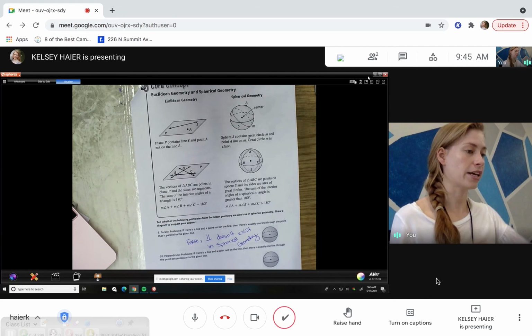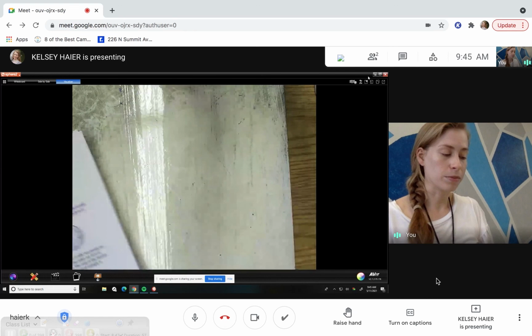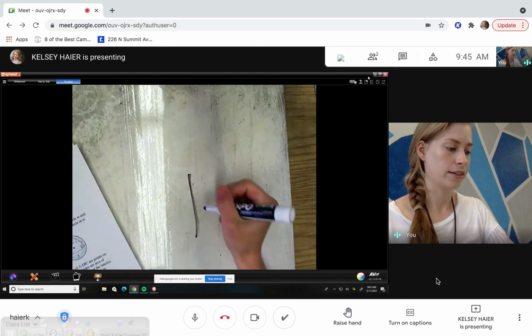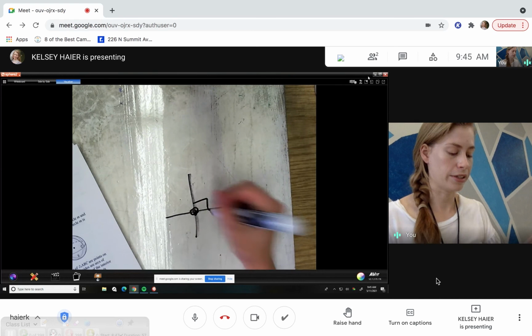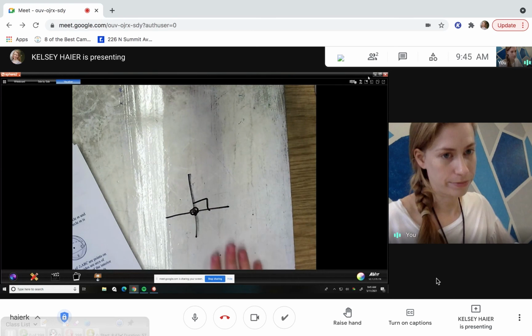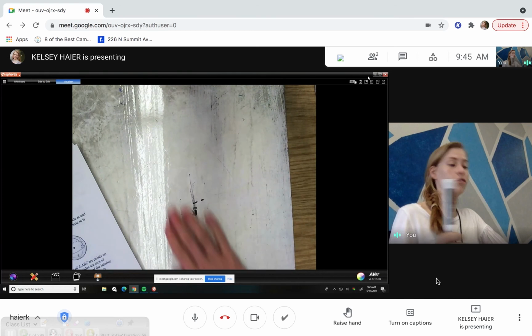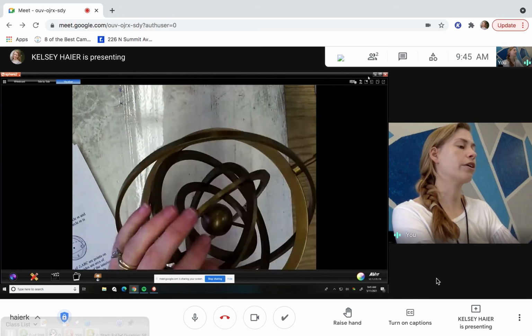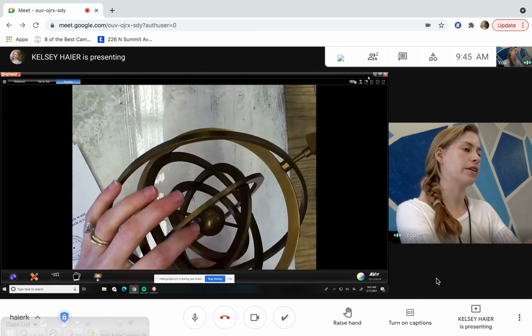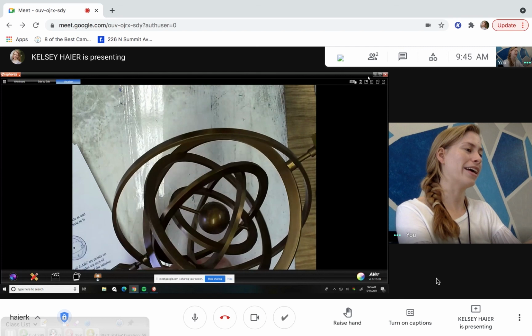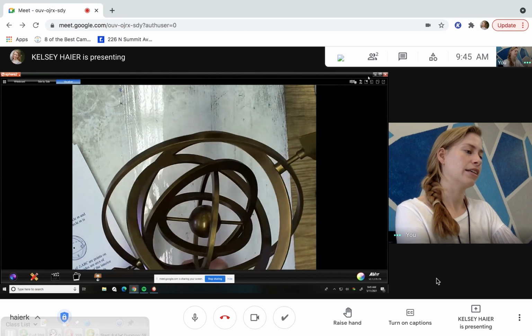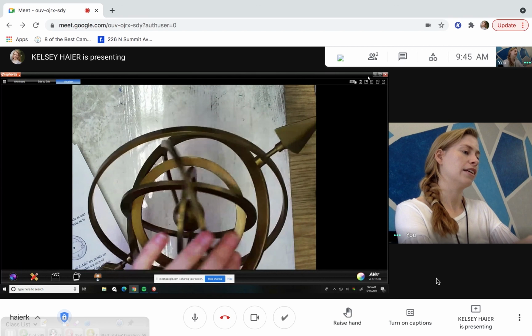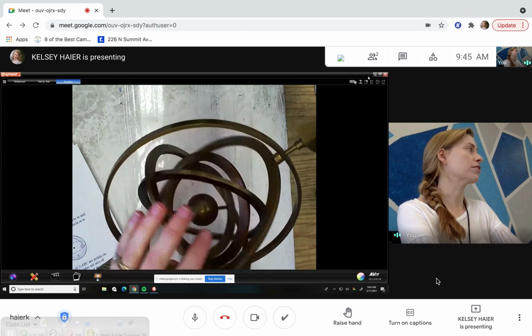So in simple terms, you have a line, and when they hit, they create a perpendicular line. Well, let's look at that in spherical geometry. Yeah, you can create perpendicular lines, but technically there's not really that many.